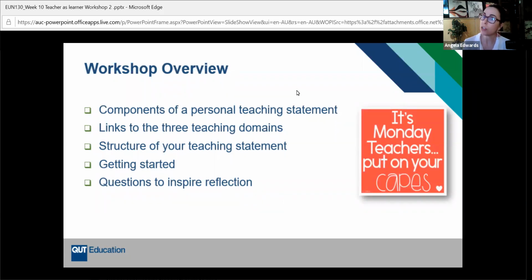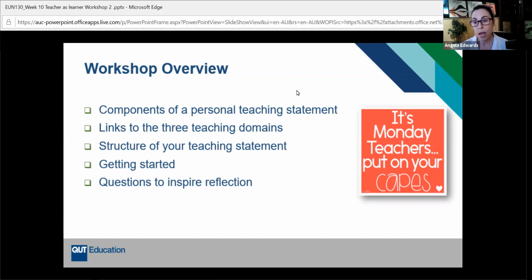So although you don't need to have this particular statement completed as part of the assessment of this unit, you do need to start to harness your ideas in this workshop in preparation for your QTPA, which is directly linked to your final professional experience.